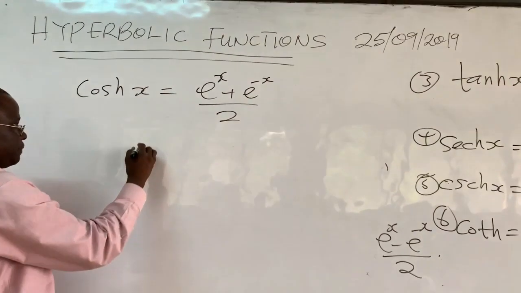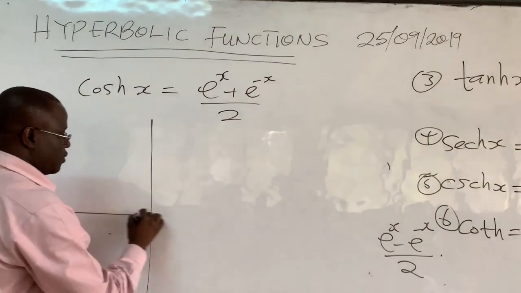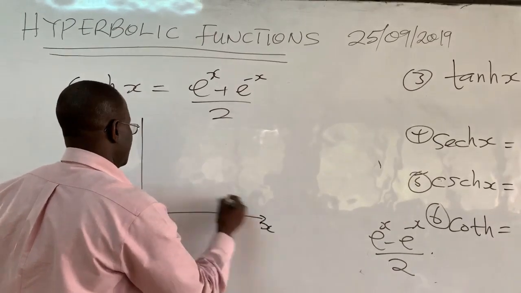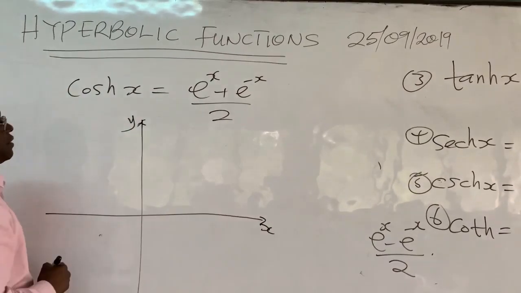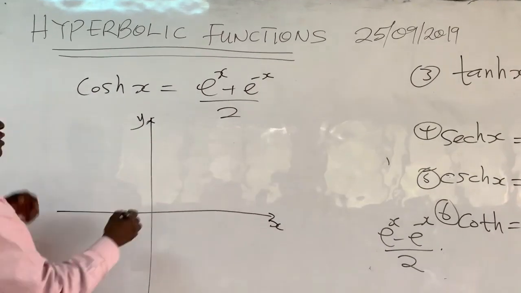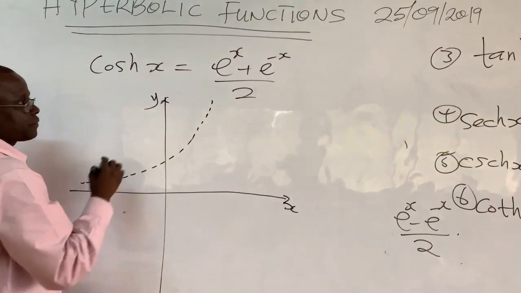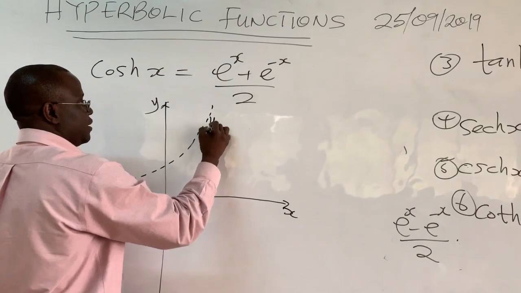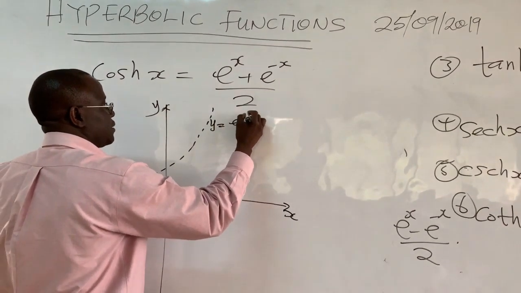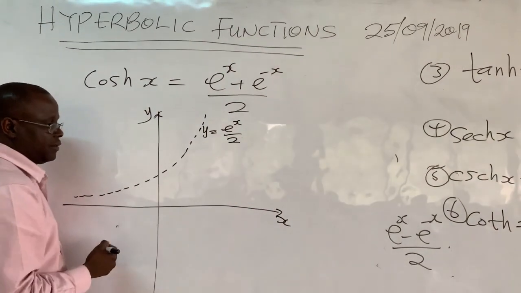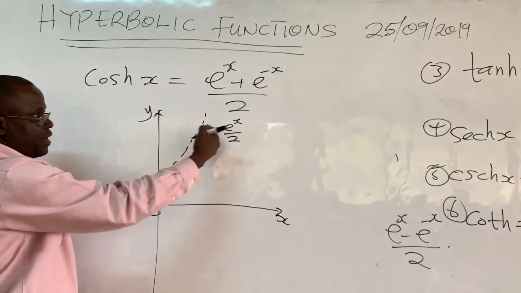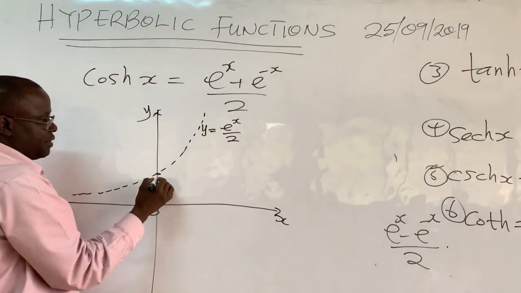So for instance, let's draw x and y axes. The exponential function is given by that. This is e to the x over 2, half of that. At 0, e to the x is 1, so this one is at half.